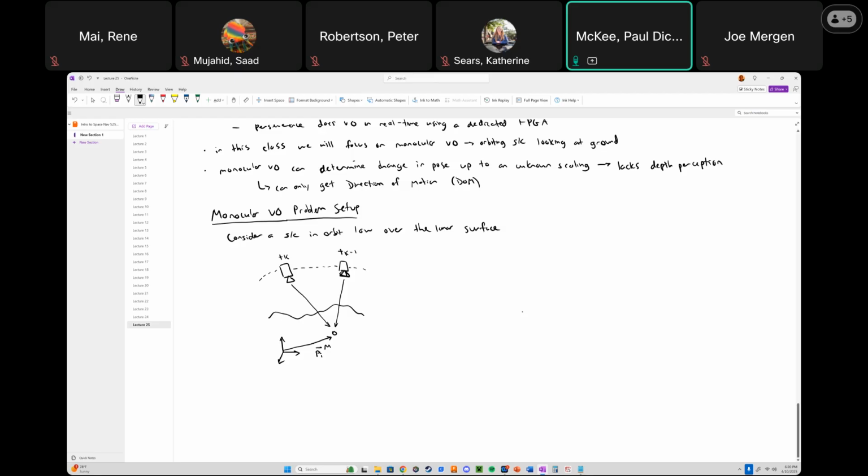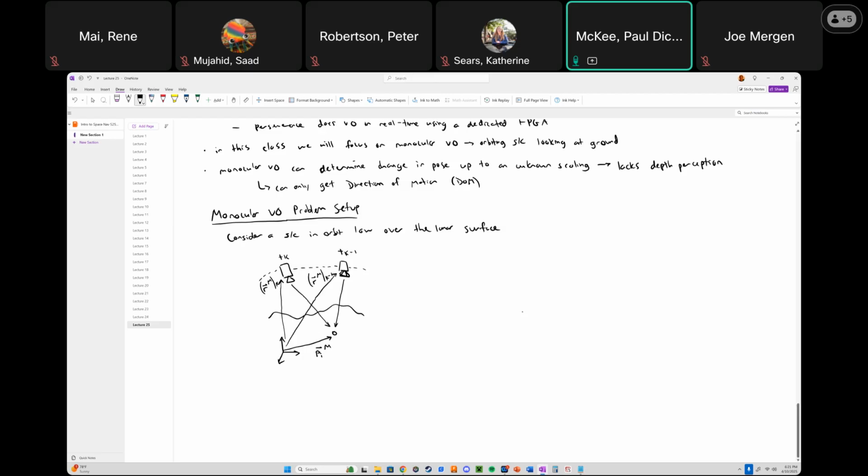We know that the spacecraft is at position r^M at time k. Here's the way we're going to write this: spacecraft position in the moon frame at time k, and similarly, some spacecraft position in the moon frame at time k-1.